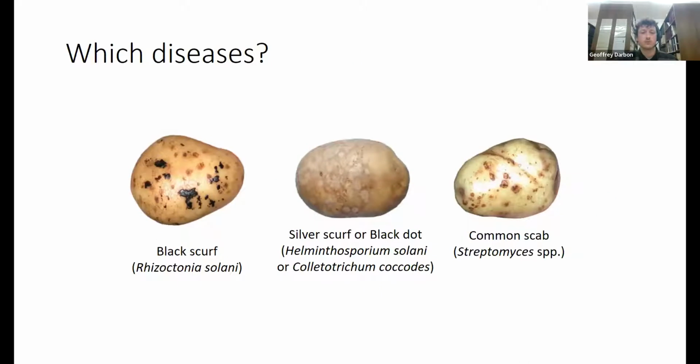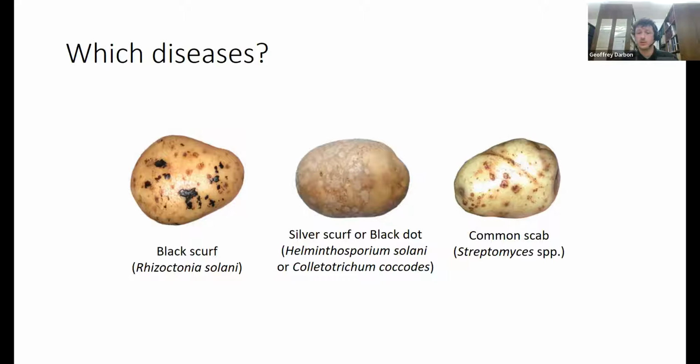So we focused on these three diseases. The black scurf on the left, caused by Rhizoctonia solani. I will not be presenting the results for this disease, for the simple reason that we did not observe enough black scurf. This is a good thing for farmers, but we wanted to see if our inoculated microbes lowered the symptoms, and we cannot show any results because we had no pathogen.